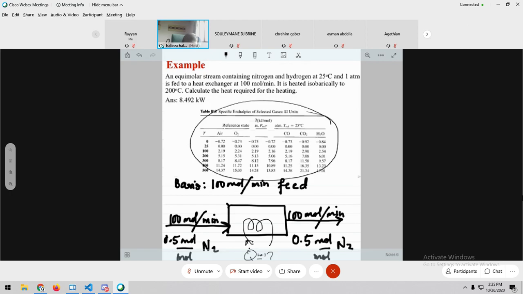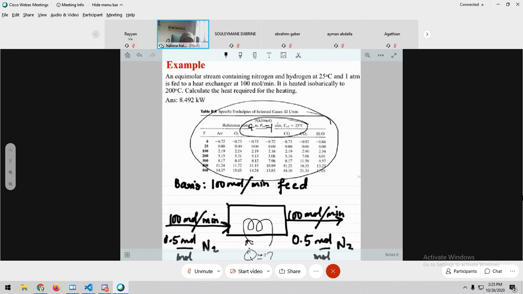This is the reference state for gases, and the pressure is 1 atm. I deleted it just now. So that's your reference state. If you are using that table to solve your energy balance, then you need to use the same reference state as that table. If you're using the steam table, then you have to use the reference state of that steam table.